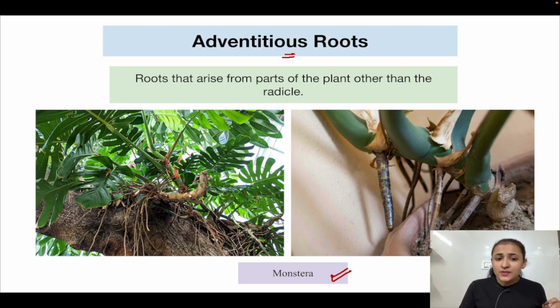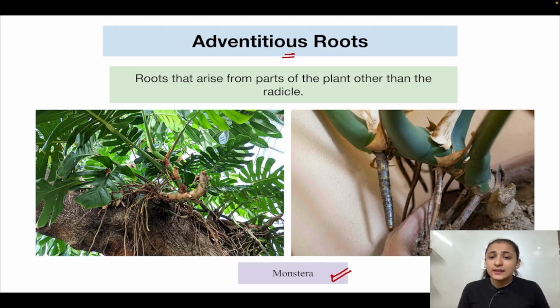So in this plant, we see that there are certain roots that are arising from its stem region, which are present above the soil. Like this, they are arising from the stem of the plant. Like this, see here, this root. There is a root system which is present underground, but there are these roots also which are arising from the upper parts of the plant, from the stem region.